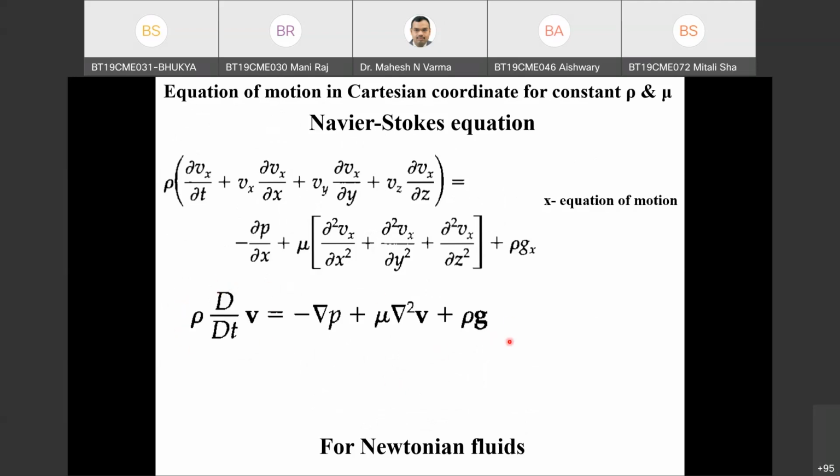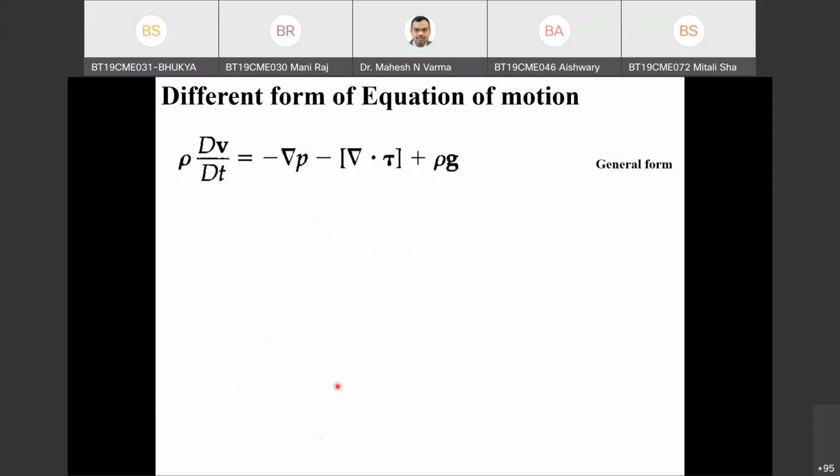The pressure and gravitational force are combined together, giving the equation of motion in combined pressure form for a Newtonian fluid.